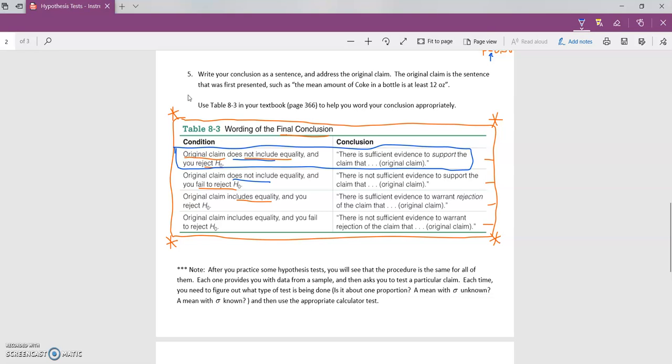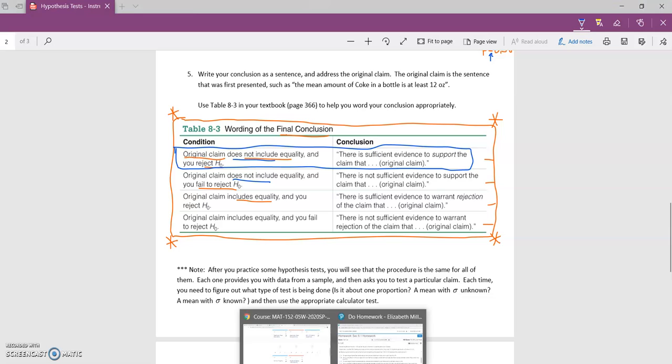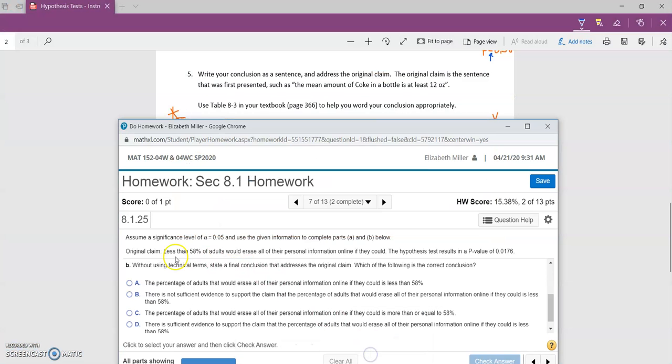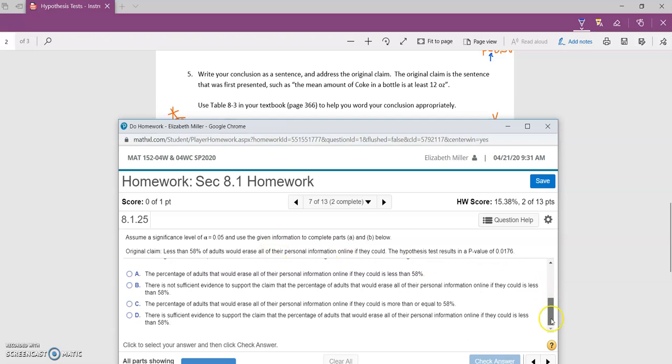So our conclusion is that there is sufficient evidence to support the claim that, what was the claim? 58% of adults would erase their information if they could. So, there is sufficient evidence to support the claim that the percentage of adults that would erase all their information online if they could is less than 58%.